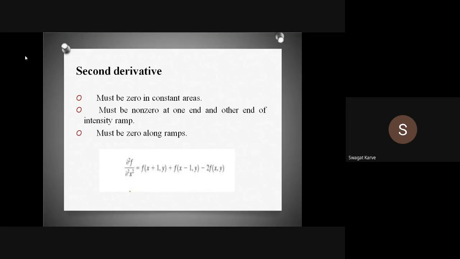This high boost filtering operation means that from the original image you subtract the image produced by low pass filtering, and that difference is the high boost filtering. Right? That means high boost filtering is the difference between the original image and the low pass filtered image.